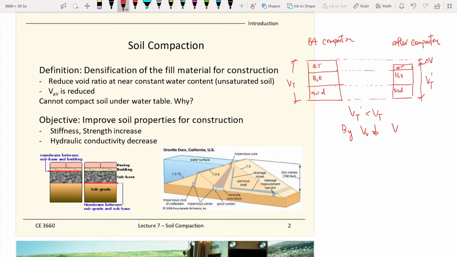Remember, the volume of void is equal to the volume of air plus the volume of water. So this has decreased, and the volume of water is still the same, such that the volume of void has decreased. So that's the general idea of soil compaction.